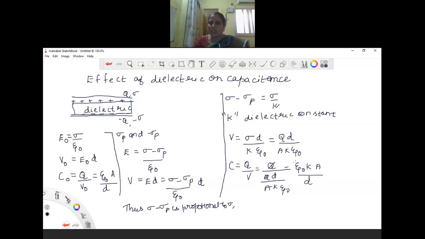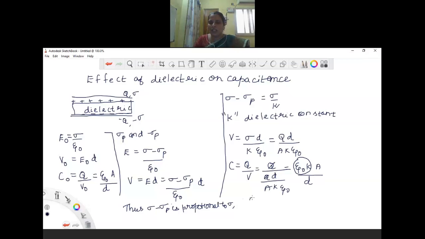Okay. So here this term epsilon naught K is the permittivity of the medium. Epsilon naught K is what? Permittivity of the medium.